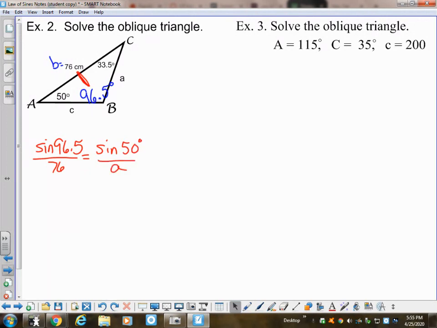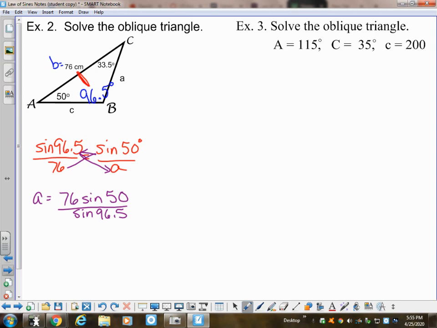Now I cross multiply. I'm going to show you a little shortcut in cross multiplying. To get little a, I'm going to take 76 times sine of 50, just like you were doing before, and then we end up dividing by sine of 96.5, and that gives me a. Now, if you don't like that, keep doing what you're doing.